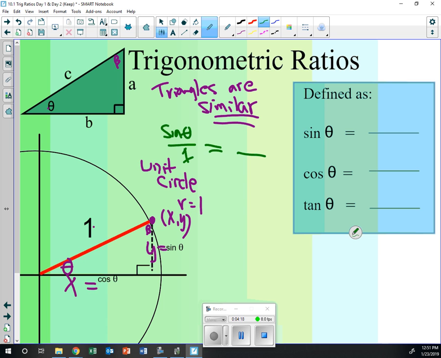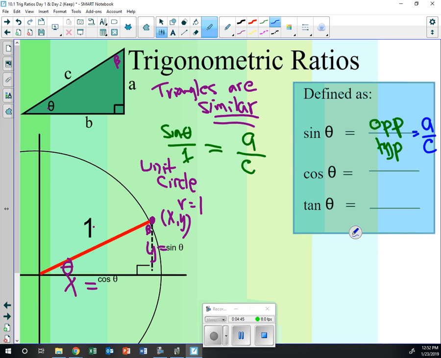A. And then 1 is the hypotenuse. So what's the hypotenuse of this green triangle? C. So sine theta is going to be the opposite over the hypotenuse. Opposite over hypotenuse. Or I like to call it a over c, using that triangle.